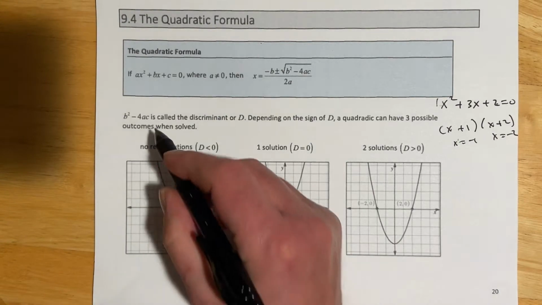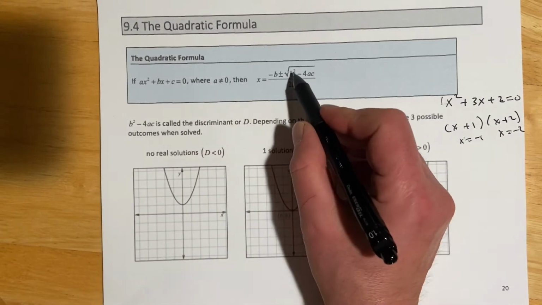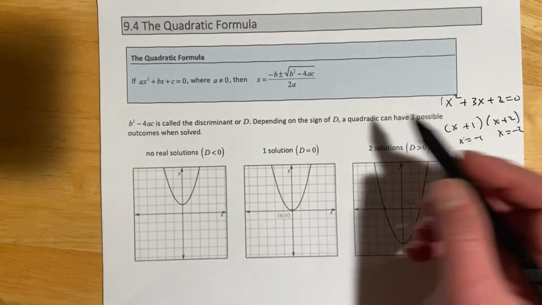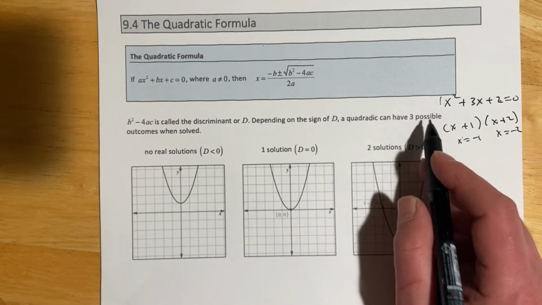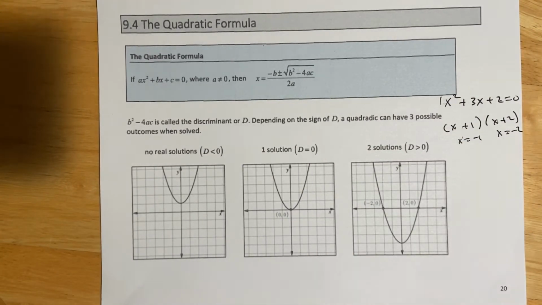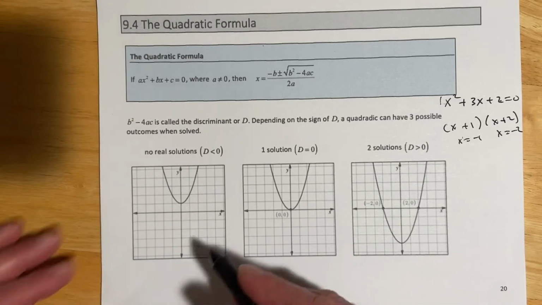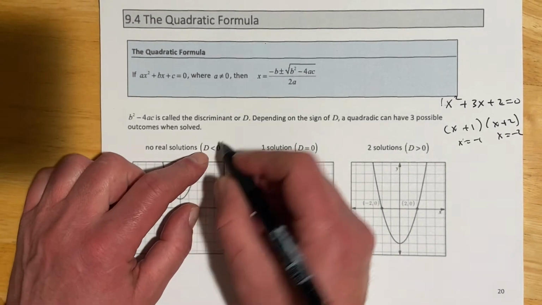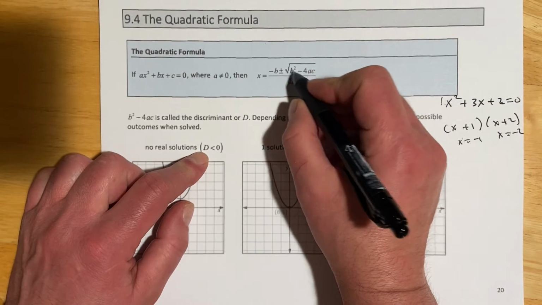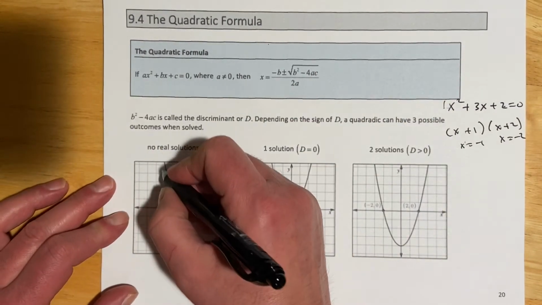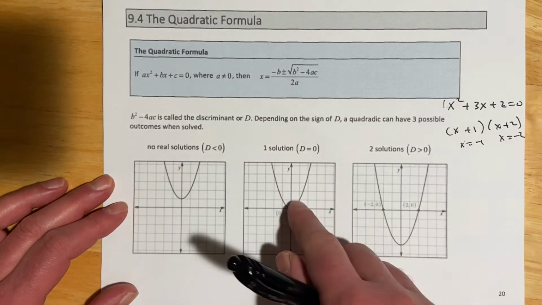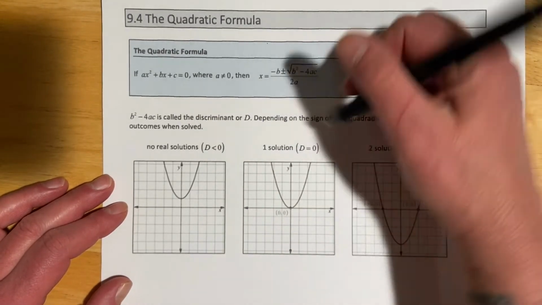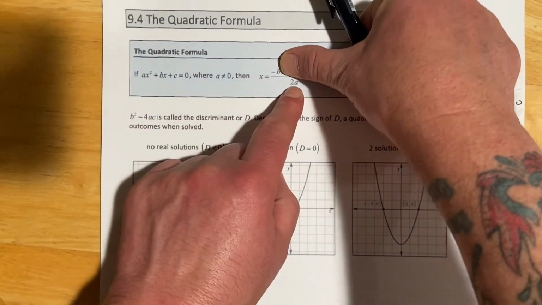So this little piece, we won't look at this a whole lot, but this piece under the radical is called the discriminant. Depending on the sign of the discriminant, a quadratic can have 3 possible outcomes when solved, and I referenced these in the last section as well. If d is less than 0, if I get a negative under here, so there's no real solution, that's telling me that my parabola doesn't have x-intercepts. If this comes out 0, then that reduces to negative b over 2a.